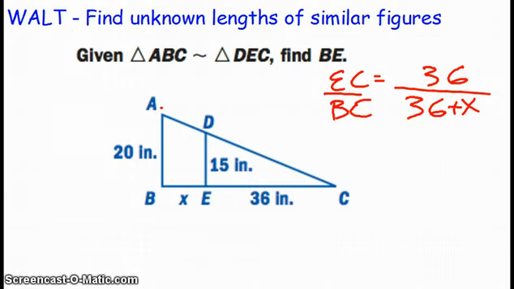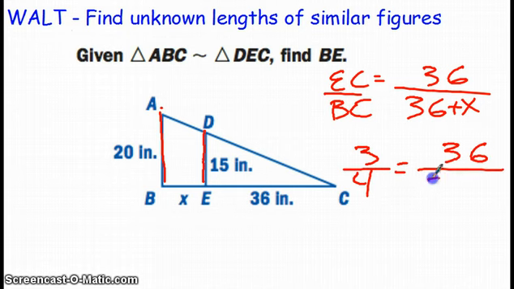And now we're going to use the information we received from when we did the DE to AB ratio. We know that that ratio is 3/4 for these similar triangles. So now we're going to put that equal to 36 over 36 plus X. Now, just like you did in last night's homework, you have to do the distributive property.